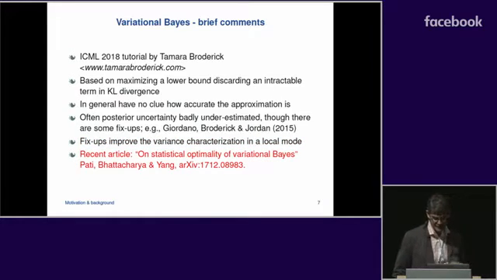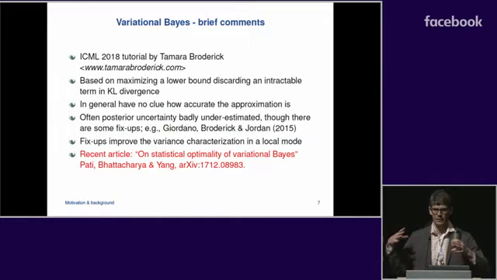I'd also like to highlight a recent article. Maybe I'm biased towards this article since it's from three of my former students, Debdeep Pati, Anirban Bhattacharya, and Yun Yang. They have this really nice article showing really strong theoretical guarantees on statistical optimality of variational Bayes, but they're doing it from a point estimation perspective.